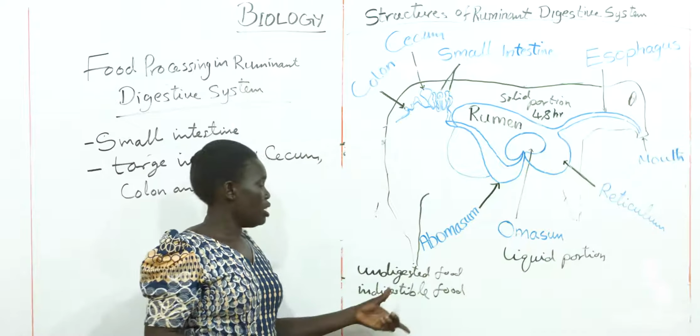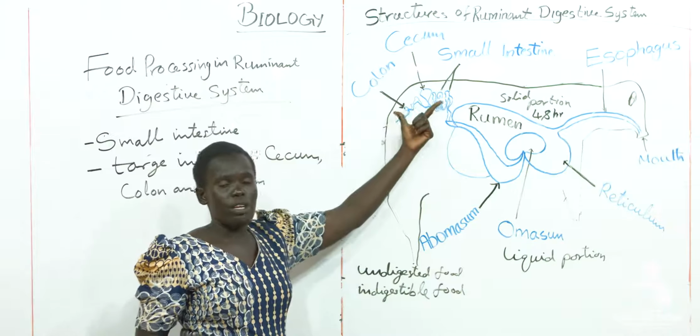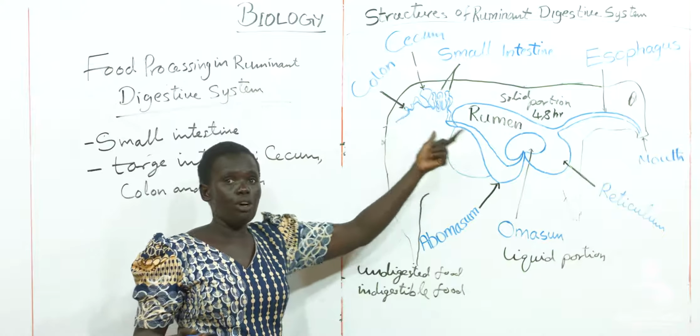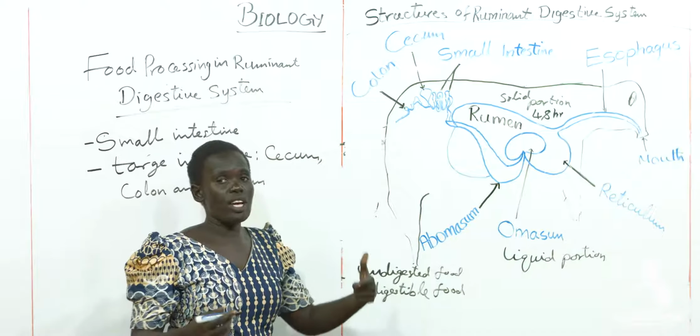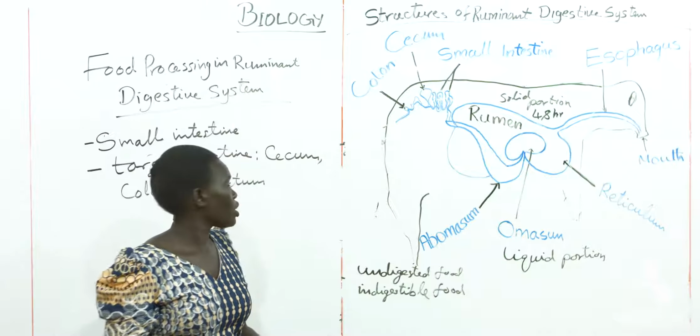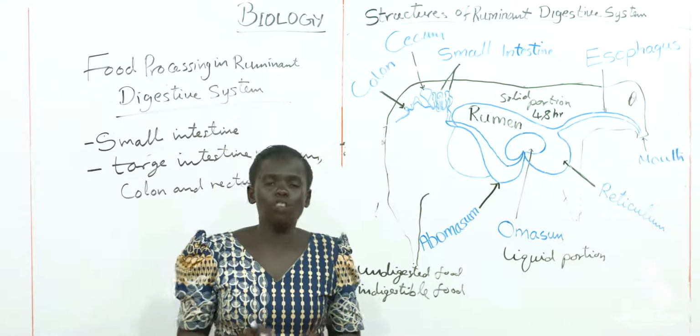So this now from the small intestine will be sent to the large intestine. So the large intestine serves as a storage of waste material or waste product of the small intestine. At the same time, this is where the last absorption of water takes place.